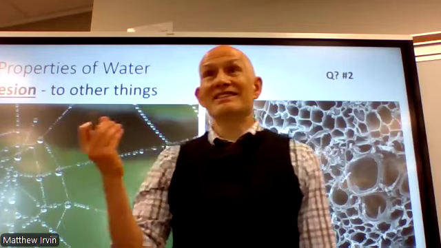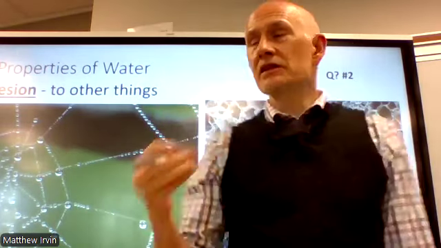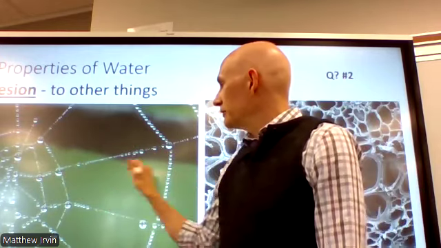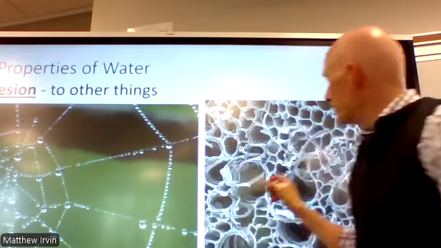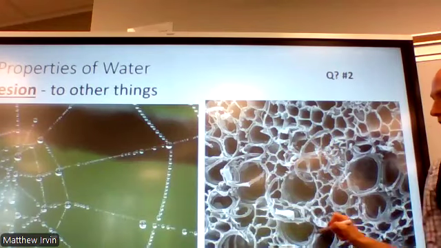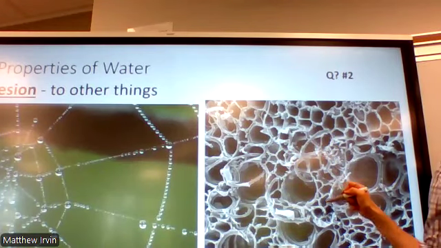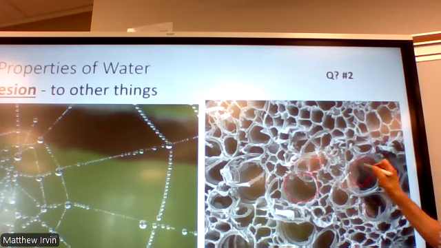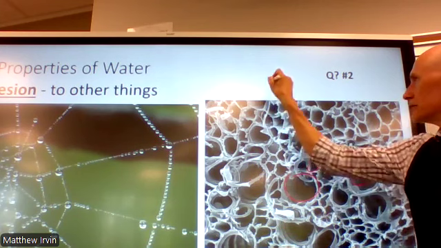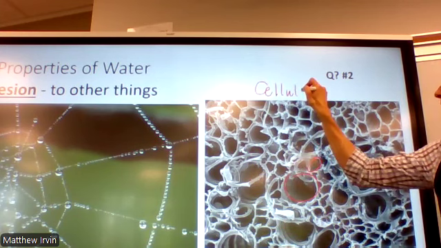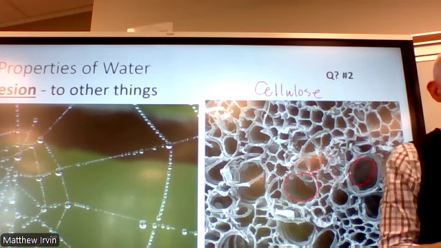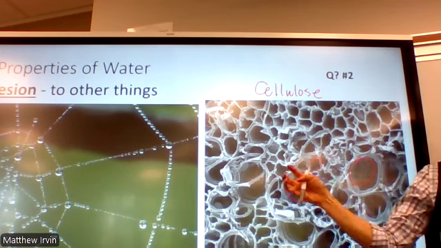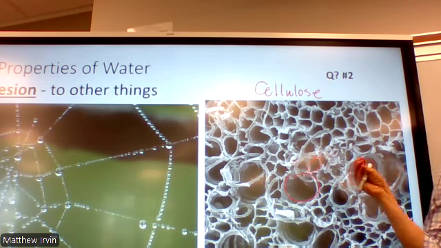And because proteins have a lot of polar amino acids, the water is going to be attracted to those polar amino acids, creating those water drops. This is a microscopic view of the inside of plant xylem. And so all of these tubes, these are tubes of cellulose. Remembering that cellulose is made of glucose, which is a polar molecule. So water is going to want to stick to the inside of these tubes.